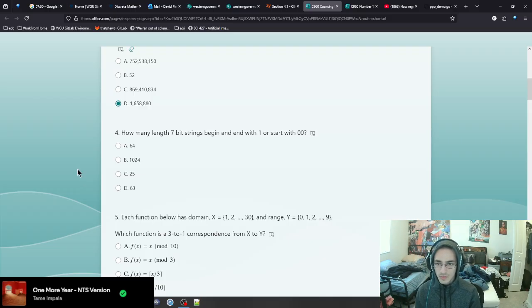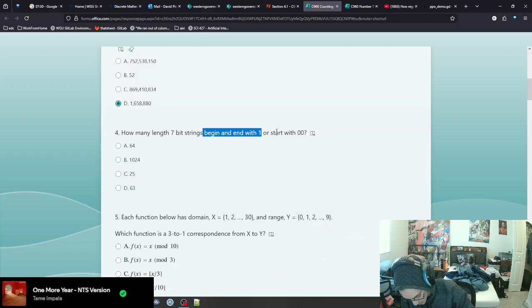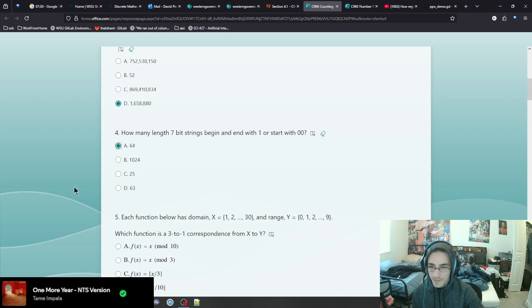So how many length 7-bit strings begin and end with a 1? So that would be 2 to the power of 5. 32 bit strings satisfy this, begin and end with 1. But start with 0, 0 is also 2 to the 5. But we're just going to add those two, so I think it's 64.